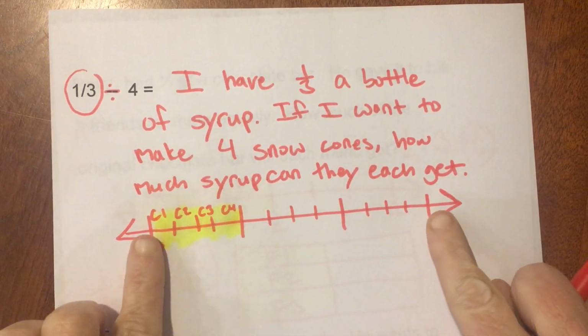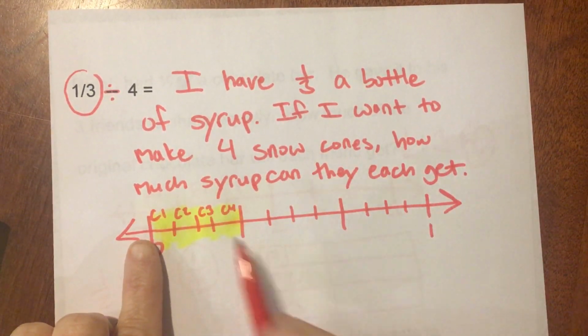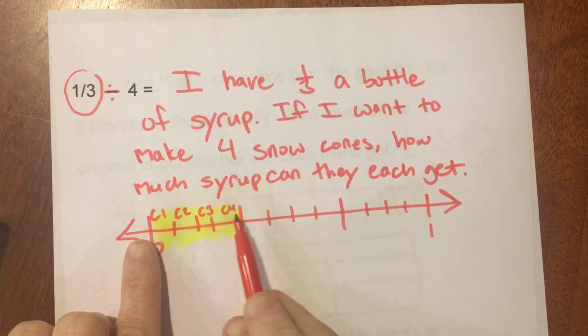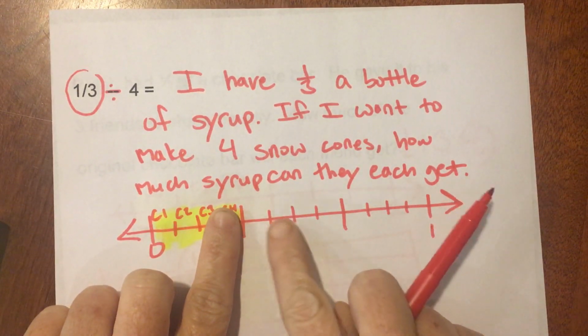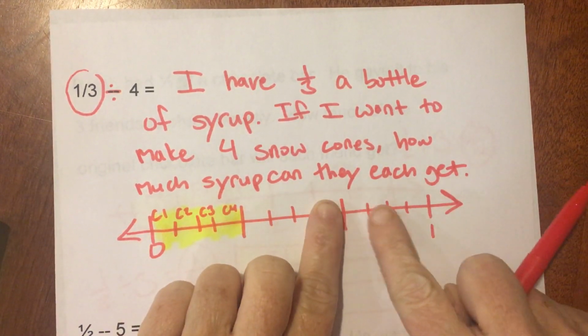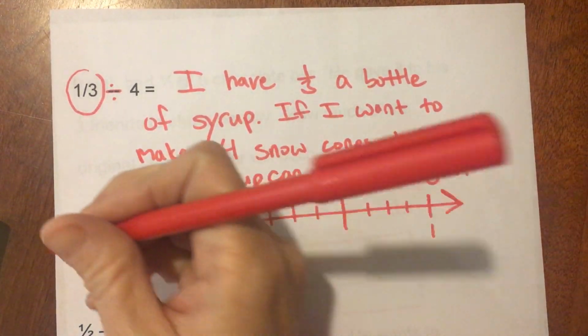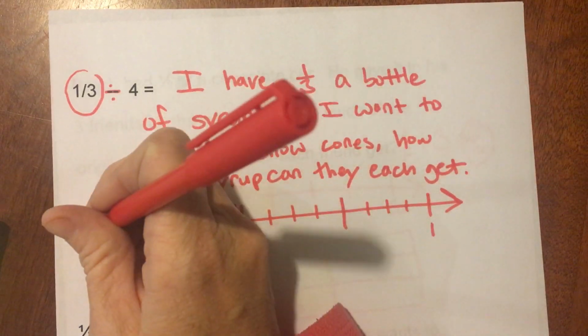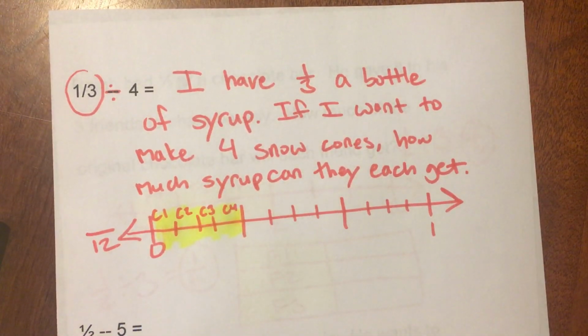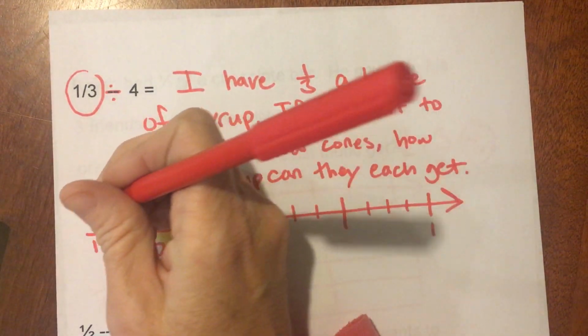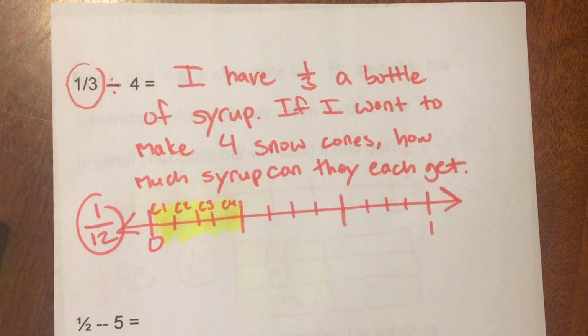So how much was the one bottle cut into? Let's see. 1, 2, 3, 4. And then this section has 1, 2, 3, 4. And that section has 1, 2, 3, 4. So it looks to me that I now divided the bottle into 12ths. And each cone or snow cone is going to get 1.